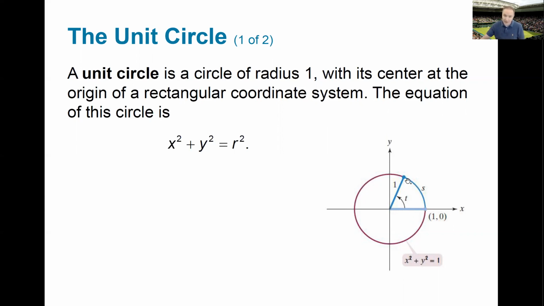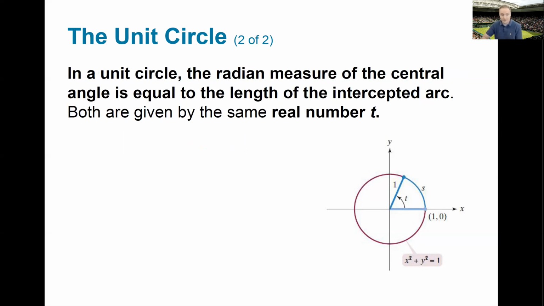The y value is going to be the vertical distance, so I could create any triangle within here that I wanted at a given x value and a given y value, and the hypotenuse would always be 1. Thus, x squared plus y squared is going to be 1. That's going to be the equation of that unit circle in the rectangular coordinate system.